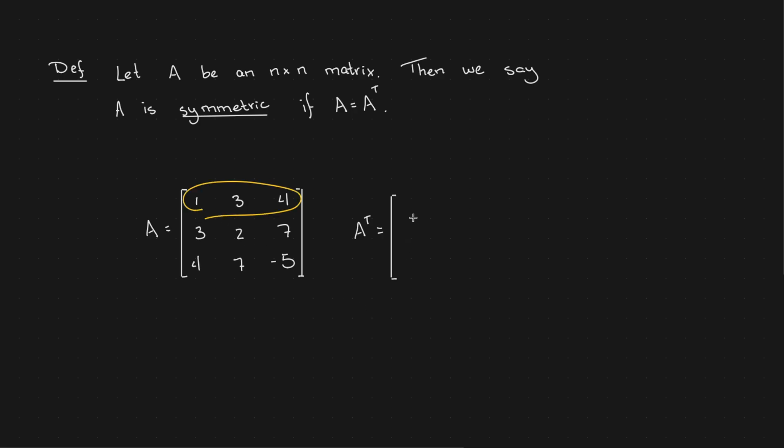So the first column of the transpose is going to be 1, 3, 4. The second column of the transpose is 3, 2, 7. And the final column of the transpose is the final row of the original, 4, 7, negative 5. Okay, and we can see that the original and the transpose are exactly equal. I get the same thing.